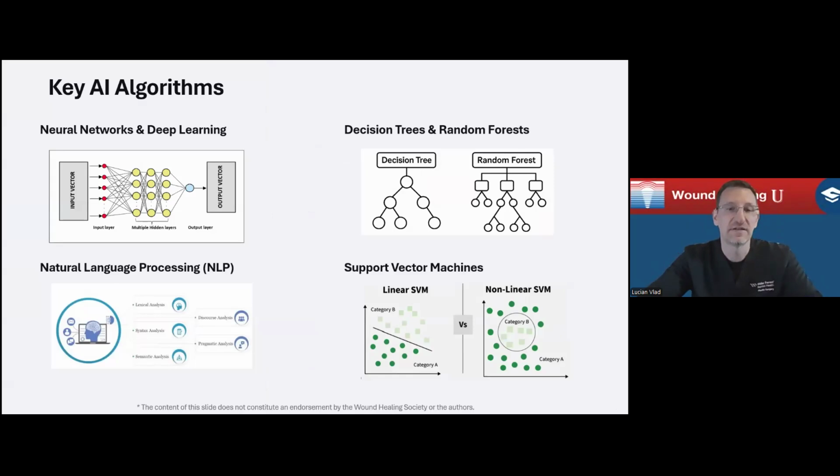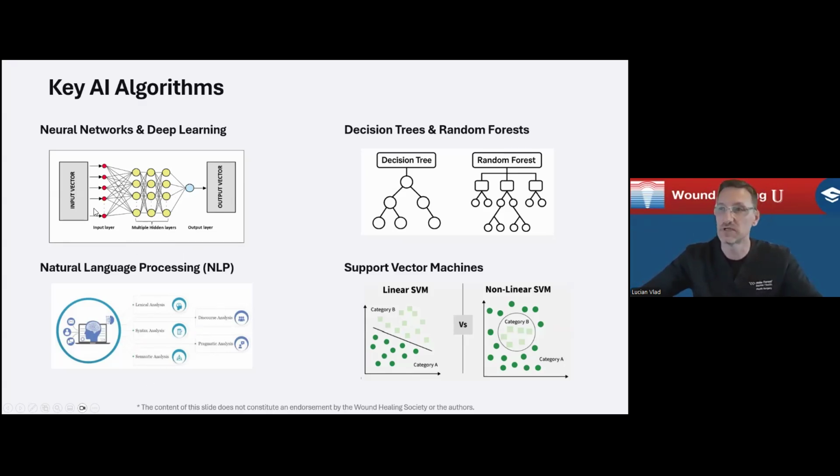And then there's algorithms out there that each of these AI tools uses, and that's something that we as users should be aware of. I don't think I can explain this, but just at a very high level, the graphical description is very helpful to understand.